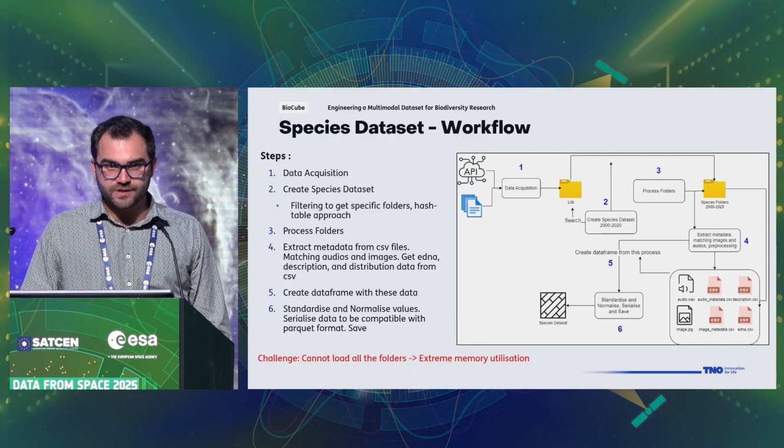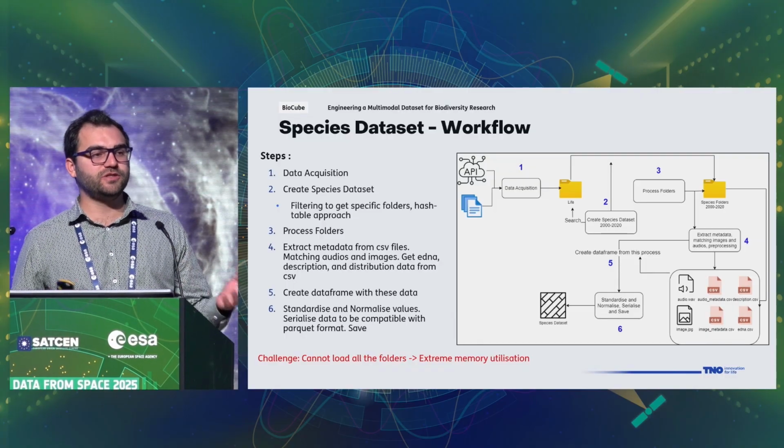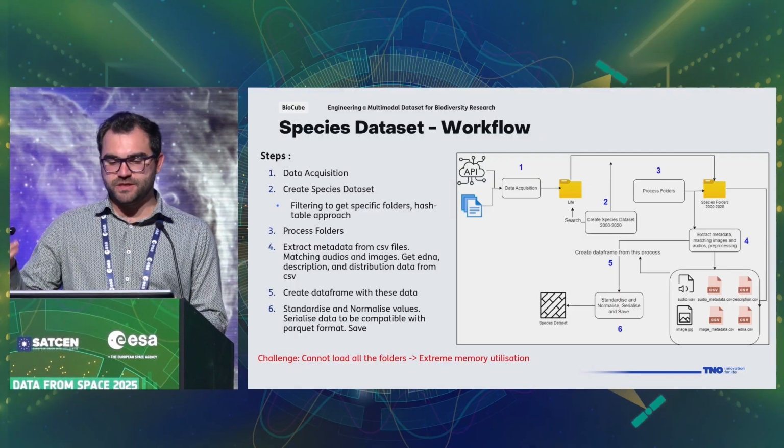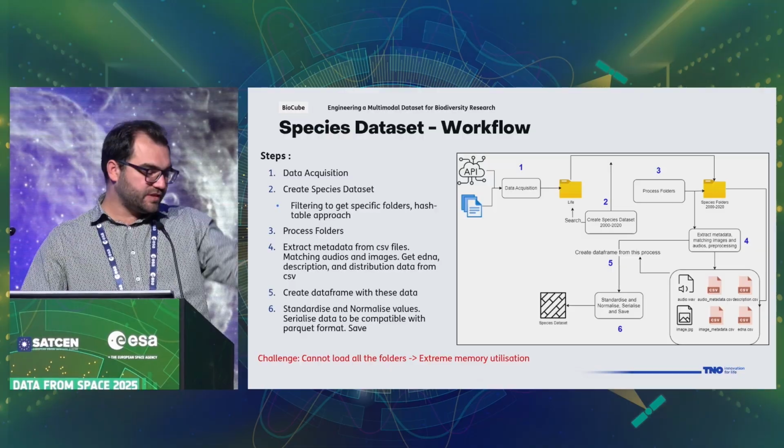But some other times when we have, for example, images or audios for a species, we need to get the name of the species, then look for the species and get the data that exists in that location and then try to merge that with the rest of the spatial tiles. We created a data frame with this data in a Parquet format. And we serialize the data to be compatible for this one, so we save them.